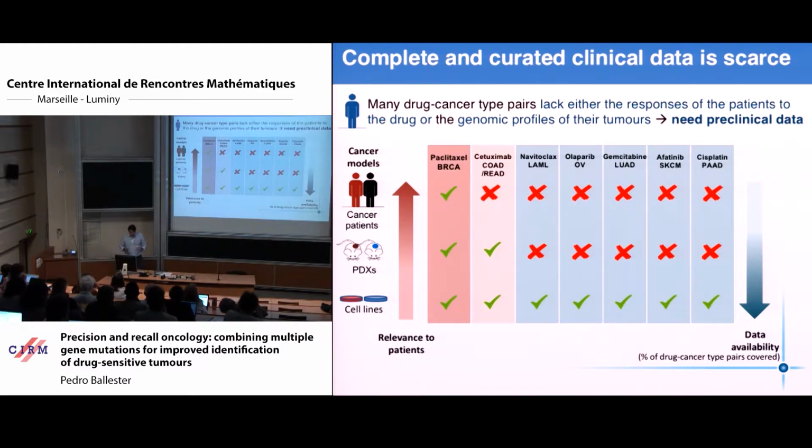So this tells us that we need preclinical data. In some cases we'll have data from different models, perhaps the most relevant to patients, which is actually patient data. But in many other cases we only have patient-derived xenografts, so mouse models, the response of these animal models.